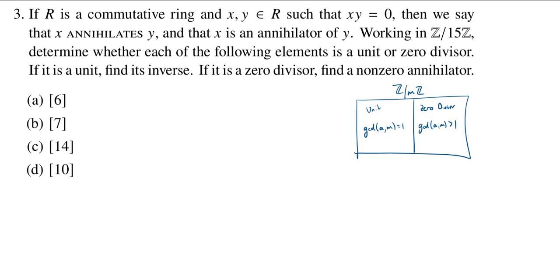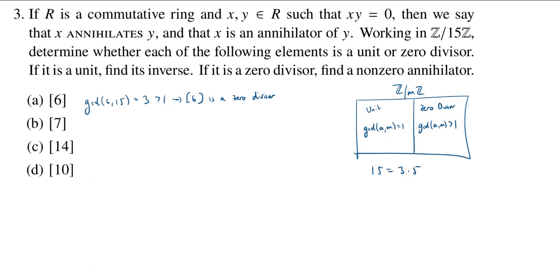The GCD of 6 and 15 is equal to 3, which is greater than 1, which implies that the class of 6 is a zero divisor. Now we just need to find a non-zero annihilator. What I'm going to be doing is figuring out what is missing in the prime factorization of 6 in order to get up to 15. 6 is 2 times 3, and 15 is 3 times 5.